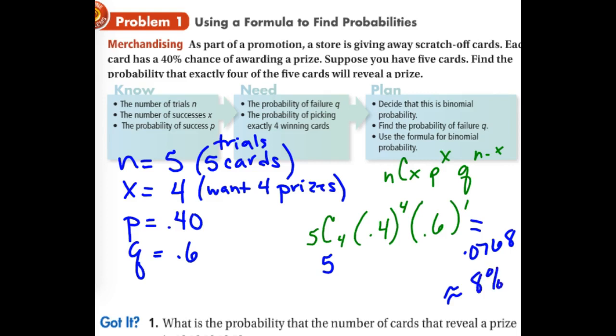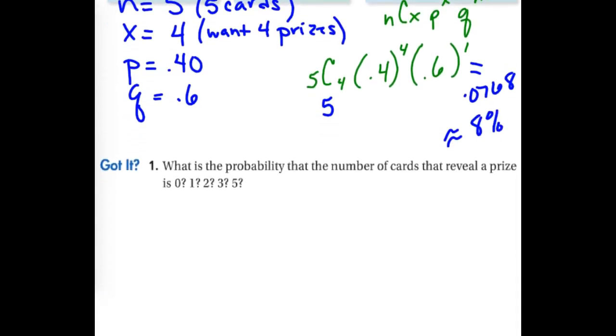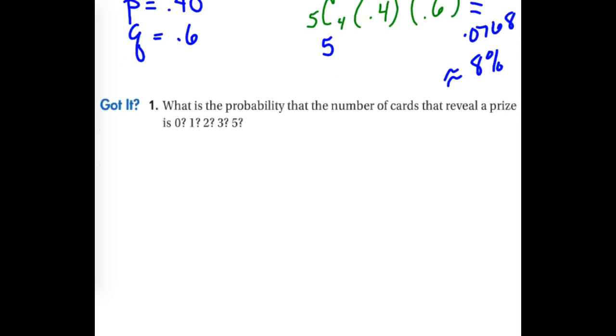All right. Look at the second part of this. It says, what is the probability that the number of cards that reveal a prize is 0, 1, 2, 3, and 5? In other words, they're looking for us to figure out all the different possibilities. We already figured out 4, right? We figured out P of 4. Yes? So we are going to set this up, and actually once you type it in your calculator, it's easy to adjust for the next row.